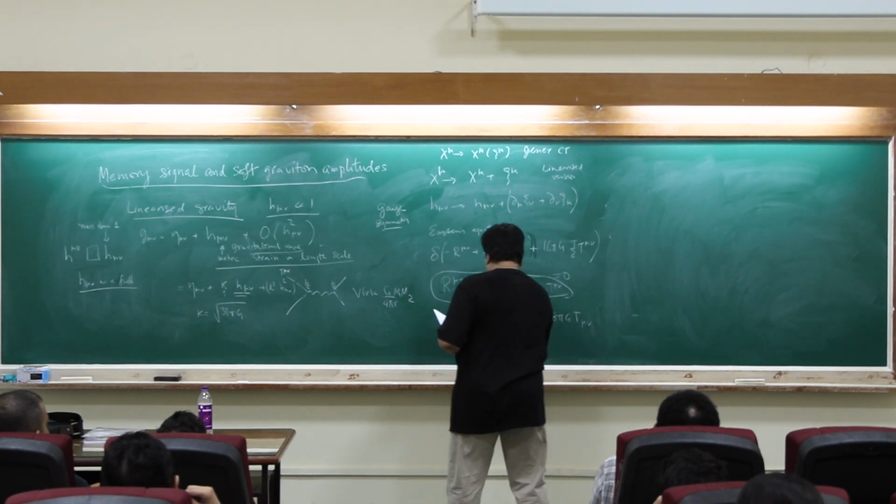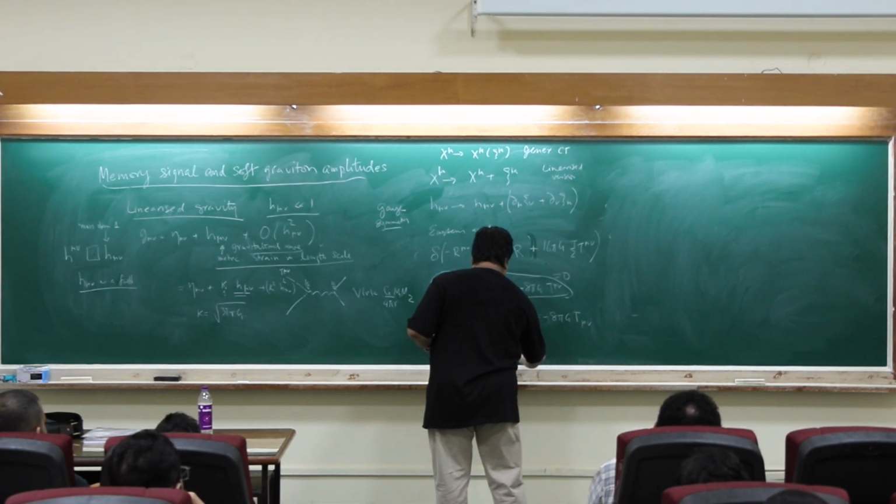So this is what's called the de Donder gauge.